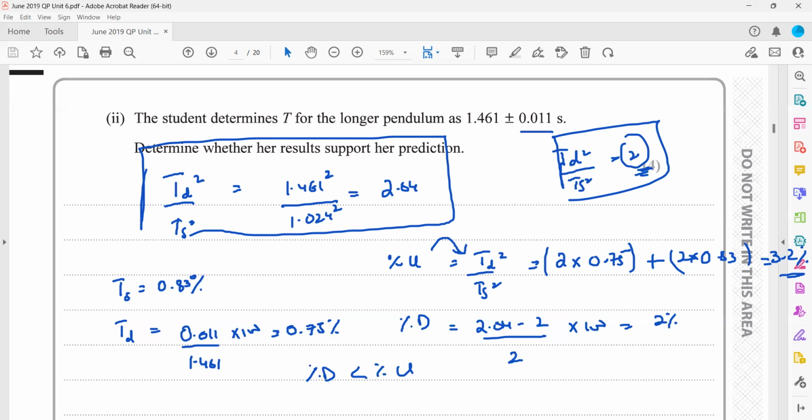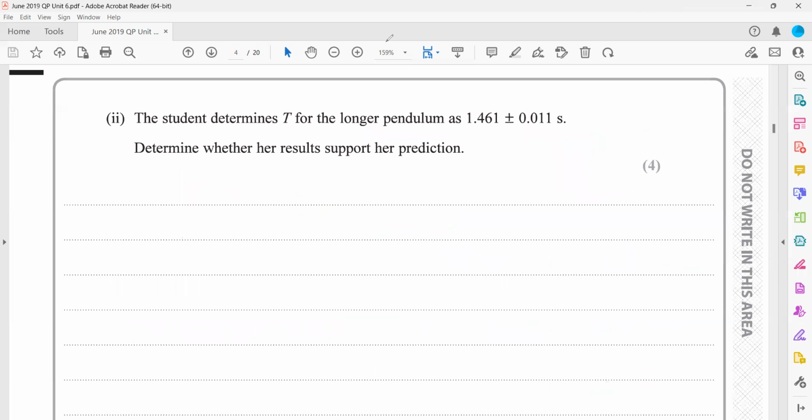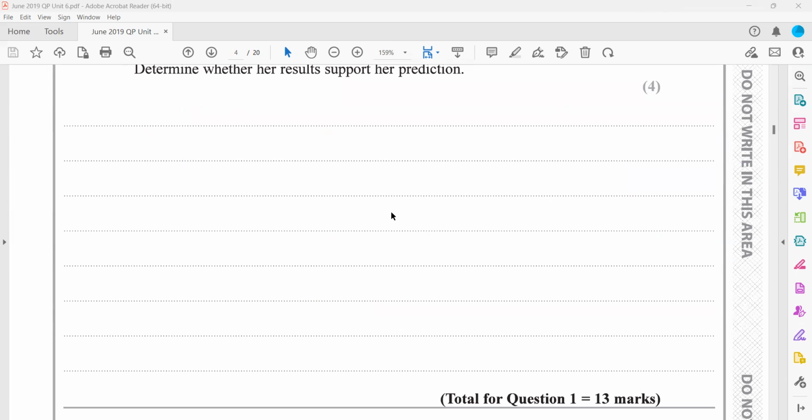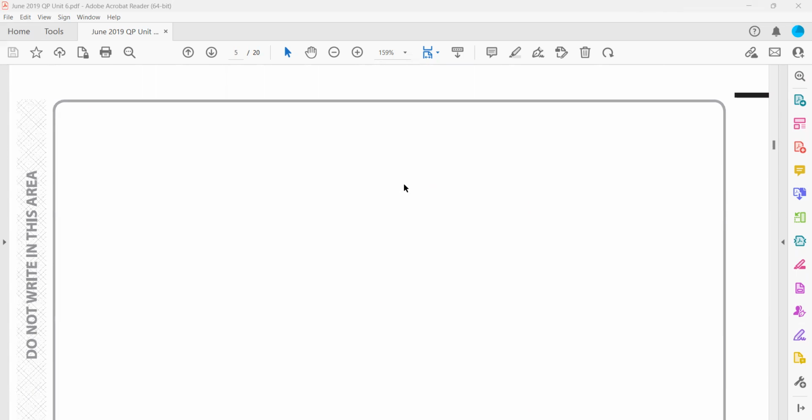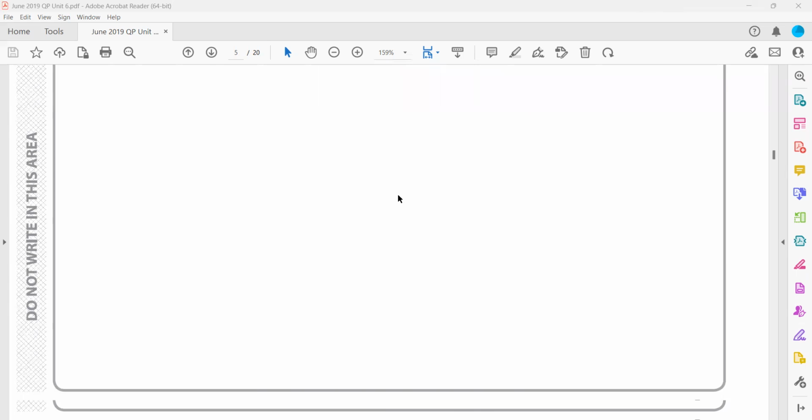It supports the prediction as the percentage difference is less than the percentage uncertainty. If it was the other way around, the percentage difference is more, then it does not support. So just remember, if it is less, it supports, it's equal. If the percentage difference is more than the uncertainty, then it does not support the theory.